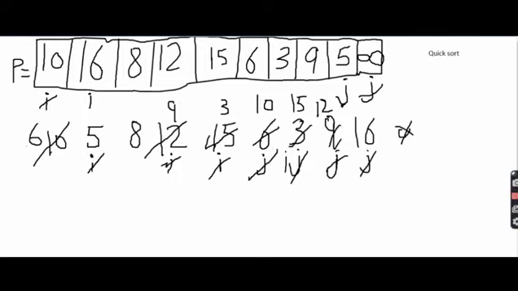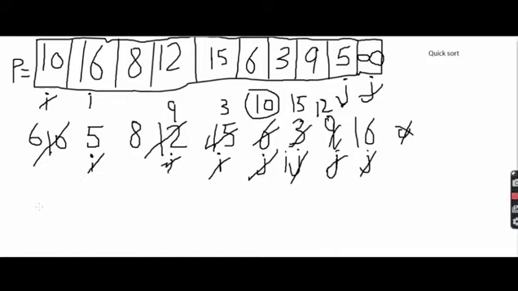So our new list will be 6, 5, 8, 9, 3, 10. This is our pivot. 15, 12, 16, right? So you can see the 6, 5, 8, 9 and 3 on the left side are less than the pivot, and on the right side 15, 12, 16 are greater than the pivot. So here the pivot is sorted now.